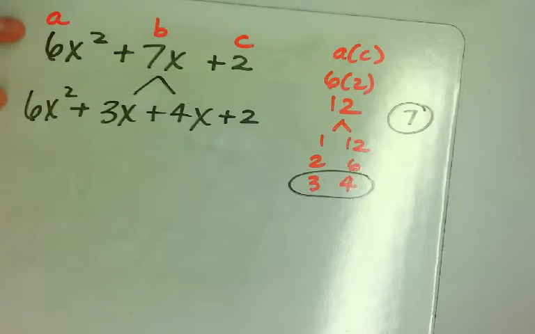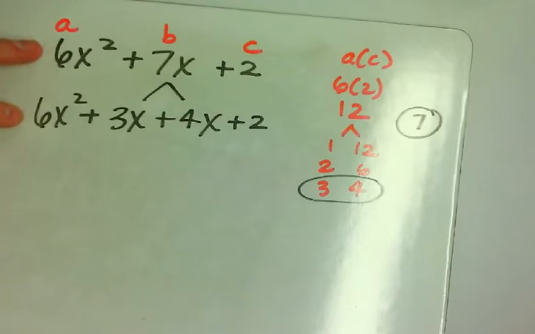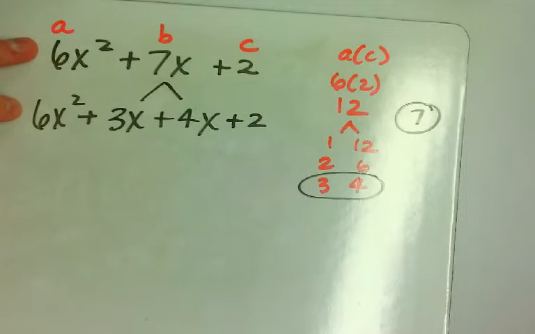Now, mathematically, is there a difference in the value of these two statements here? No. 3x and 4x makes 7x. I didn't change it. I changed the way it looks, but I didn't change its value. Questions now? Okay. What do we do next?